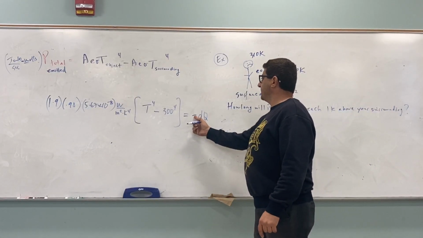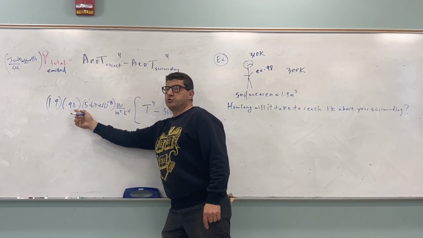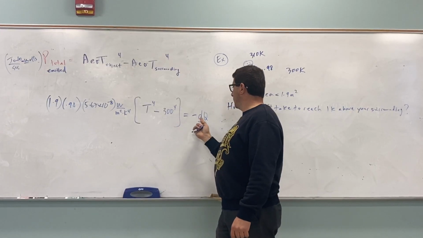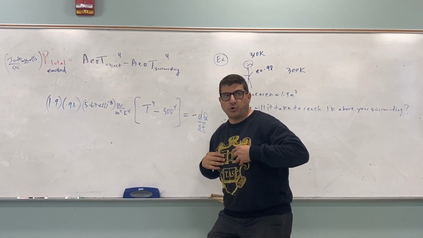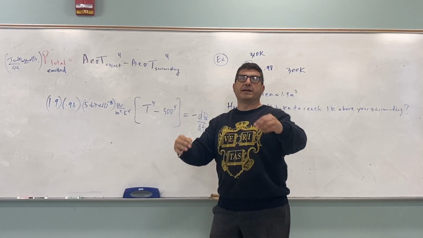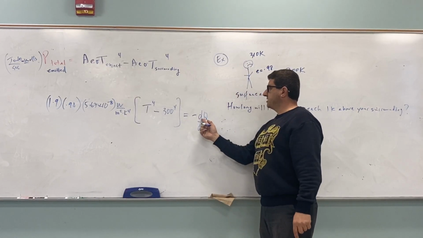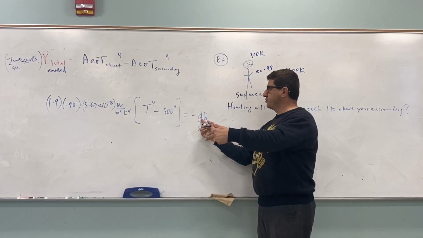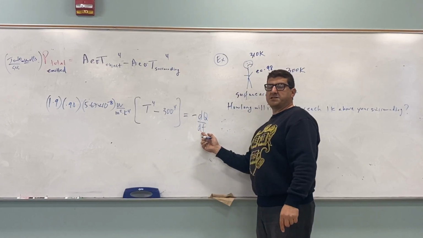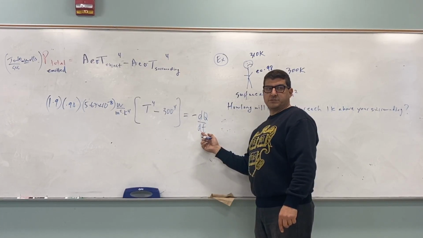Now, why did I put a negative? Because you're radiating this much power, it's going to cause heat to flow out of your body and your temperature is going to drop over time. So this is the amount of heat flowing out of your body, and this is time, joules per second.